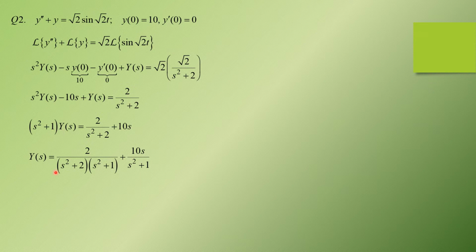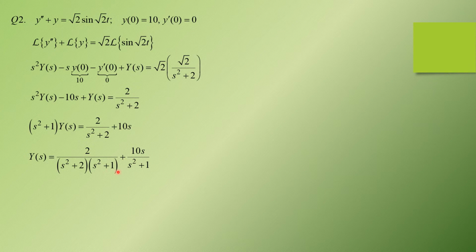When we solve for Y(s), we want the coefficient of Y(s) to be 1, so divide everything by s squared plus 1. For the first term, when we divide by s squared plus 1, we get 2 over s squared plus 2 multiplied by s squared plus 1. And for the second term, we get 10s divided by s squared plus 1. So this is the function Y(s).